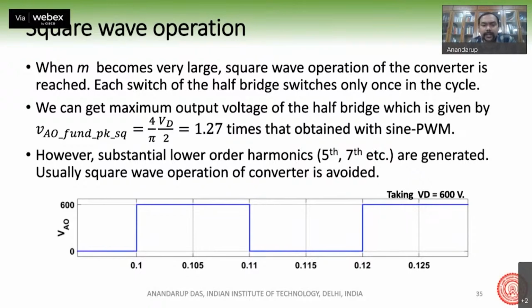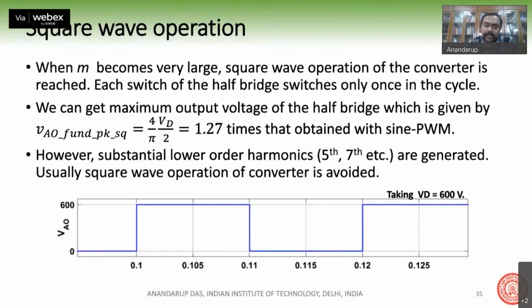If you do a Fourier analysis of this square wave, the output fundamental voltage is 4 by pi times Vd by 2, which is about 1.27 times that obtained with sine PWM. So with square wave operation, you get about 27% more fundamental voltage compared to sine PWM.